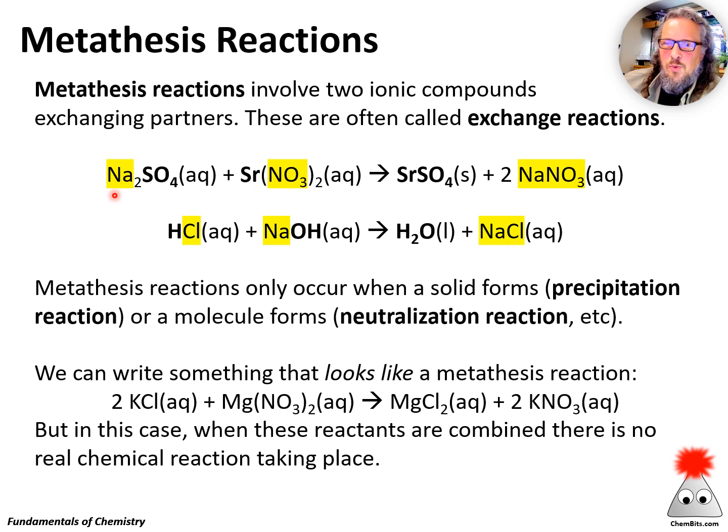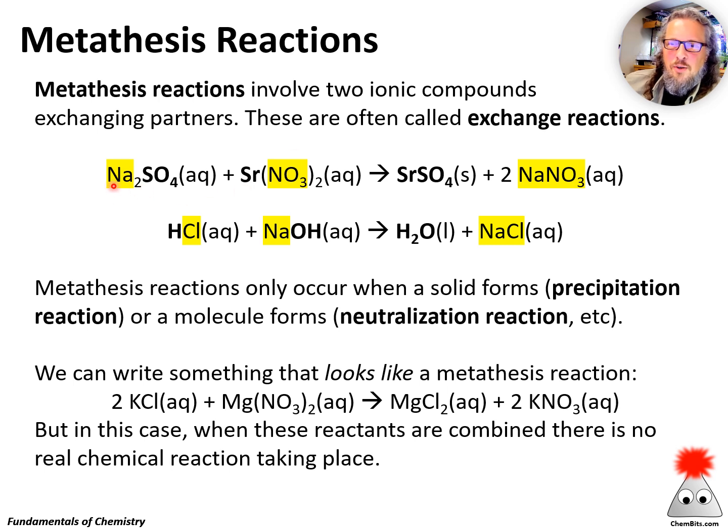So switching partners, I take the cation from this formula and the anion from this formula, and I put those together, so sodium and nitrate, sodium nitrate. I take the cation from the second formula and the anion from the first formula, I put those together to get strontium sulfate. So I've switched partners and balanced this equation as well.